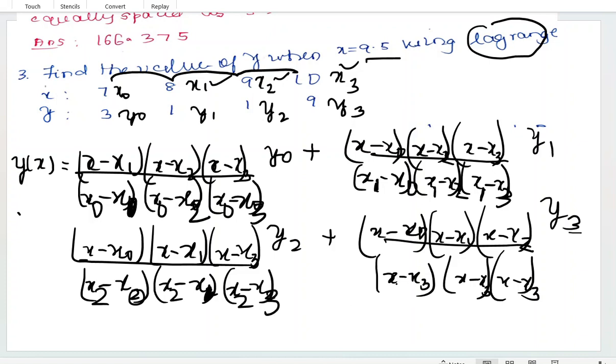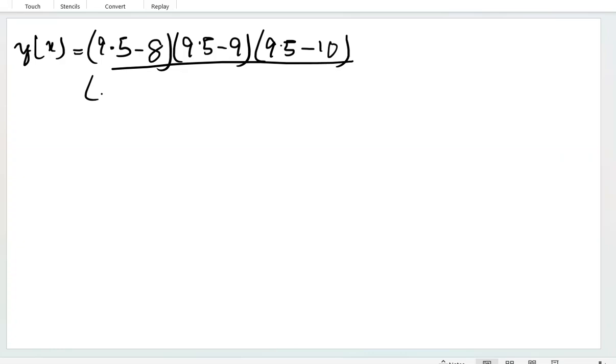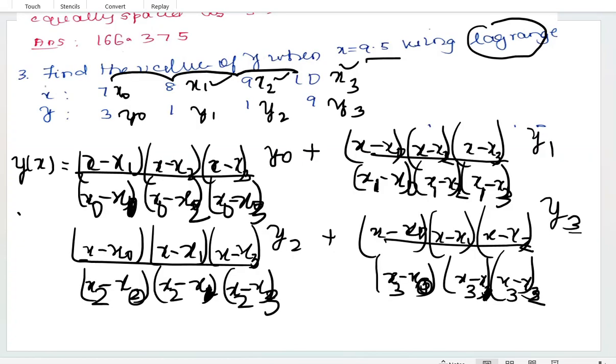Whereas this is x3, with 0, 1, 2. Basically, the down value always starts with x0, and then you put 1, 2, 3 like that. So x0 is what?